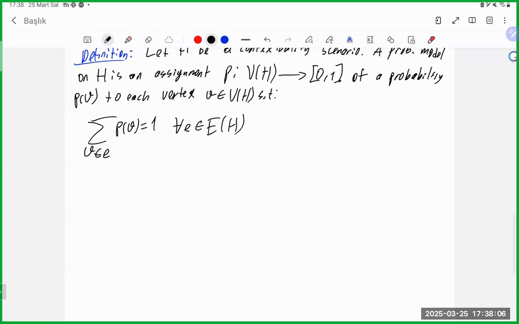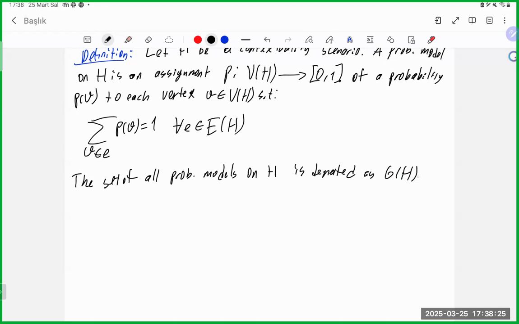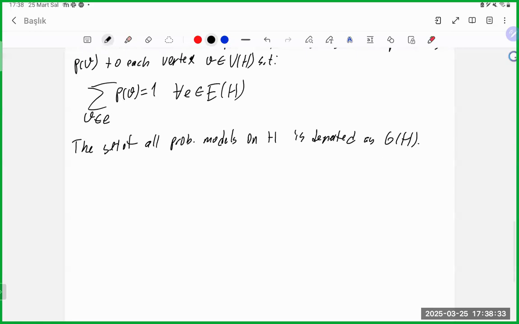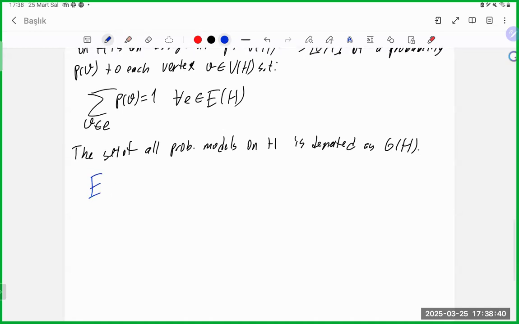And the set of all probabilistic models on H is denoted as G(H). Are there any questions about these definitions? I guess not. So I will give an example. Yeah, I was going to say, would it be possible to give me an example?